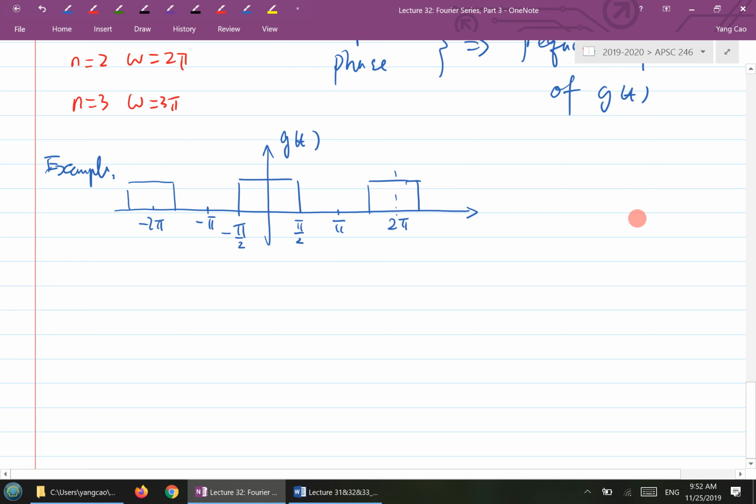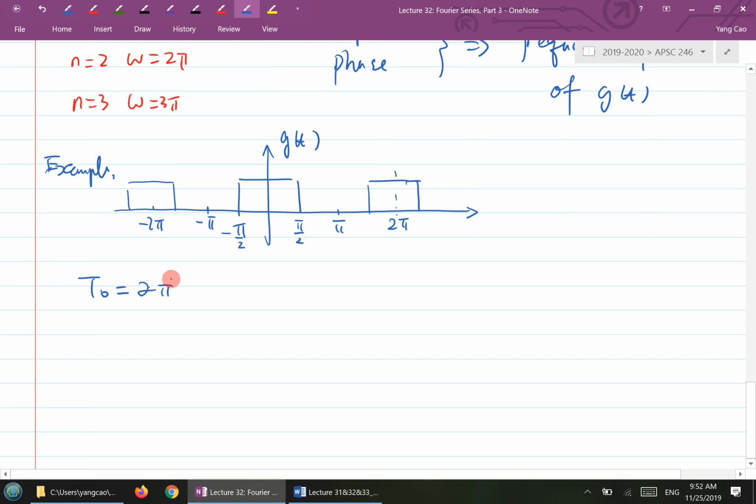First step, identify the period of the function. What's the period of this g of t? It's 2 pi, right?